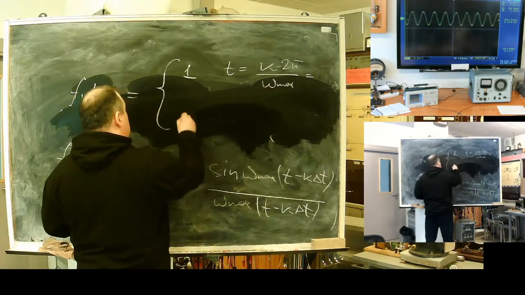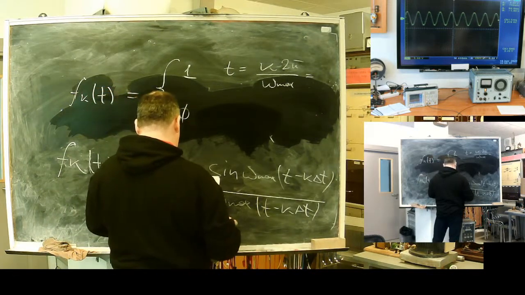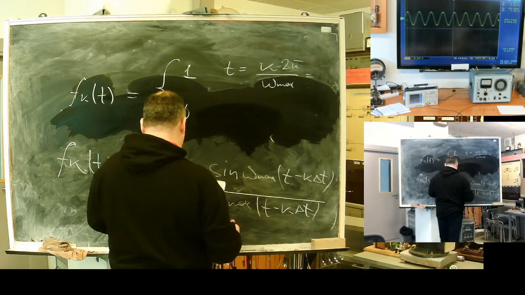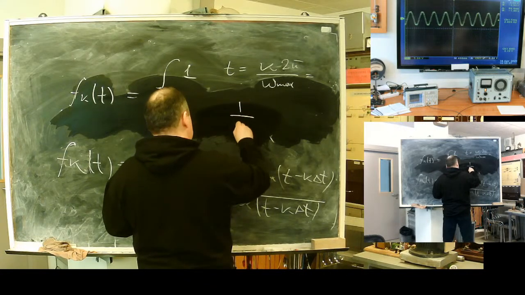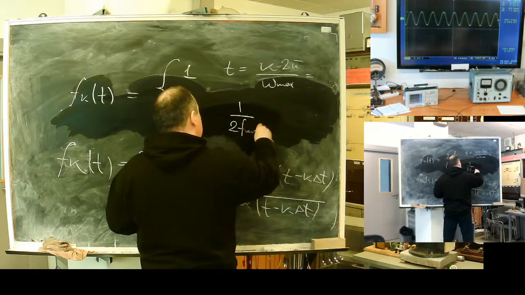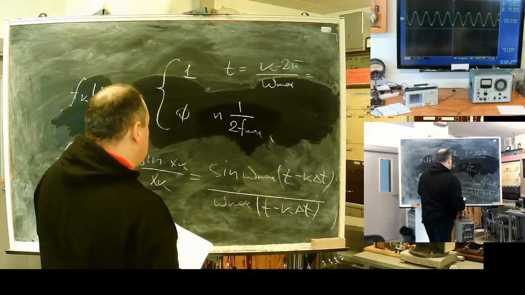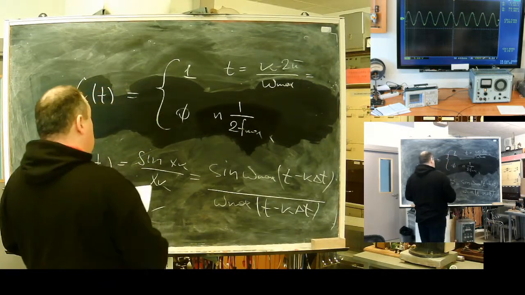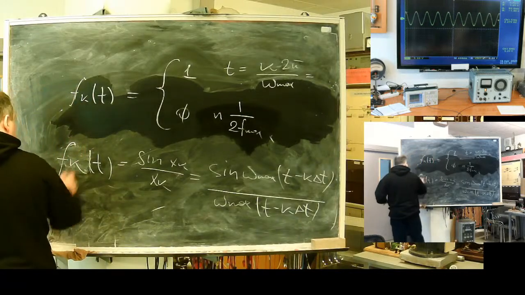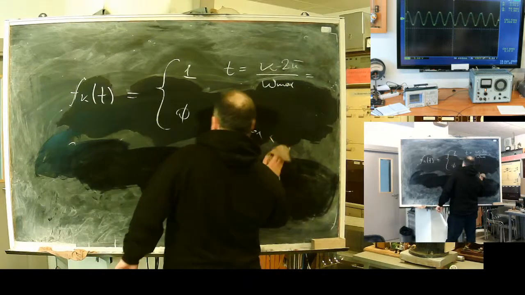And it equals 0 at the other moments, when you have something integer multiplied by 1 divided by 2 f max. It's an important thing. It has a point of unity and points of 0.